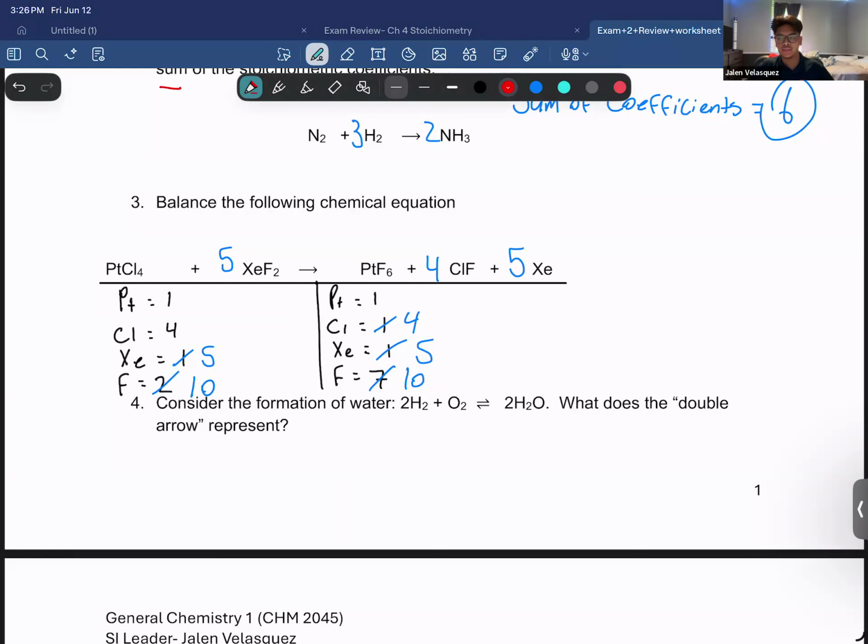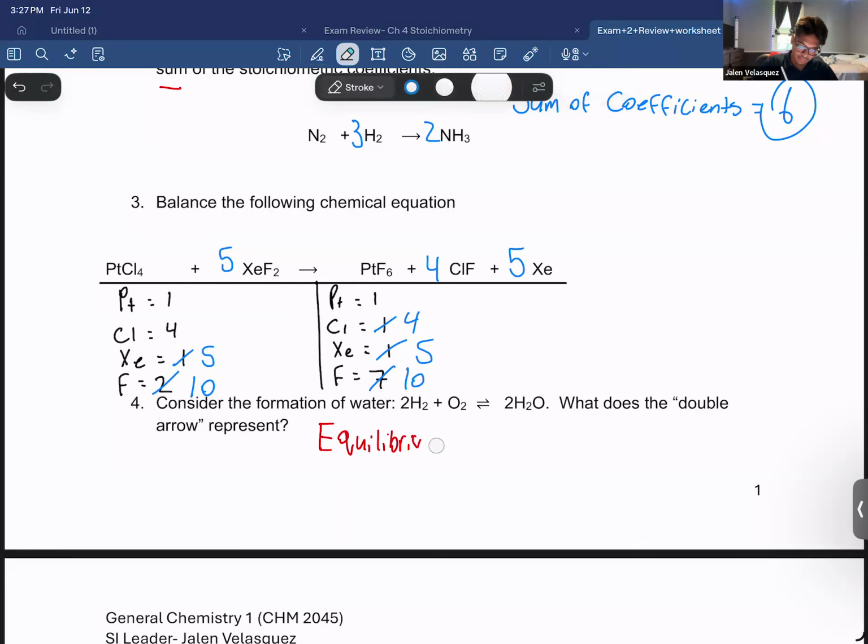So this double arrow, it means that this chemical reaction is happening in equilibrium. Equilibrium. Okay, all that really means is that this reaction is going both in the forward direction, so from the reactants to the products, and it's also going in the backwards direction from the product back to the reactants.